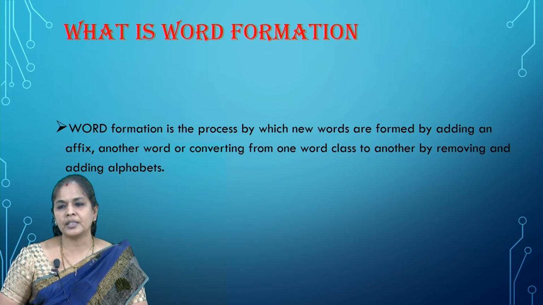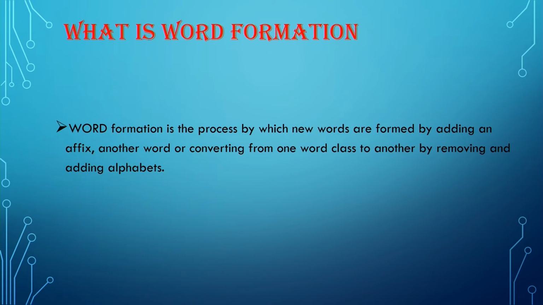What is word formation? Word formation is a process by which new words are formed by adding an affix or another word, or converting one word class to another by removing and adding alphabets. Word formation can denote a state or process too.